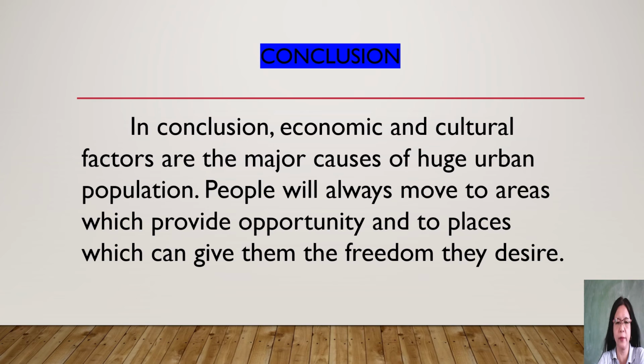In conclusion, economic and cultural factors are the major causes of huge urban population. People will always move to areas which provide opportunity and to places which can give them the freedom they desire. The writer already summarizes the causes and effects on why cities become overcrowded.